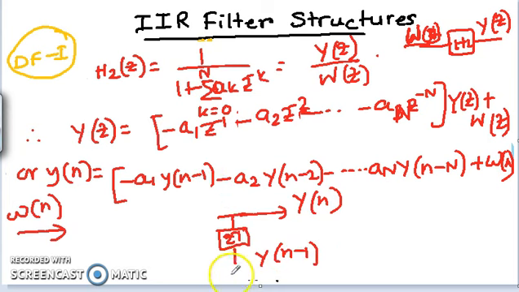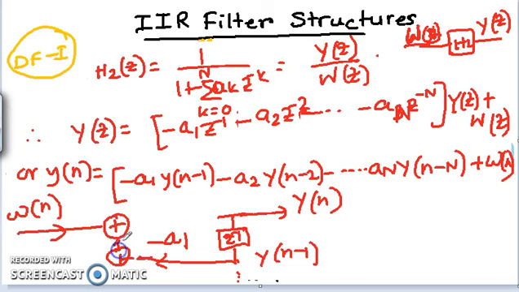This y(n minus 1) will be multiplied with minus a1, and then this will add up with w(n), and all the elements sequentially will add up with w(n). So there will be a summer for every element, and these all compose the final output y(n).